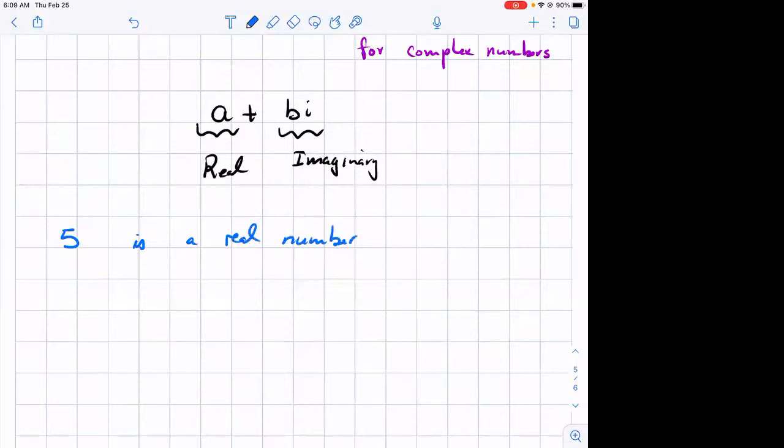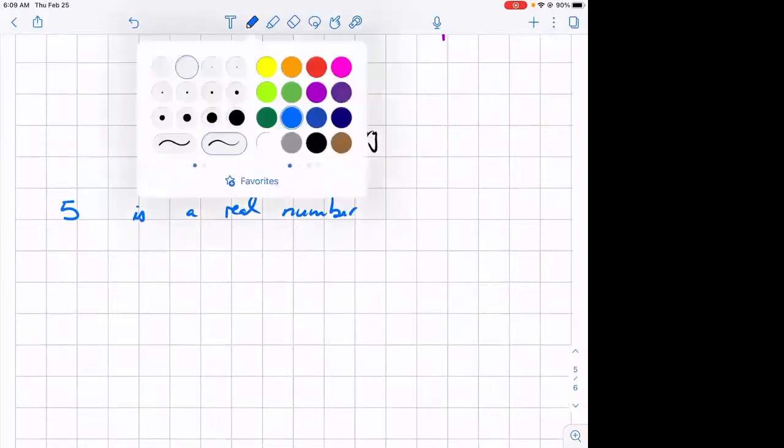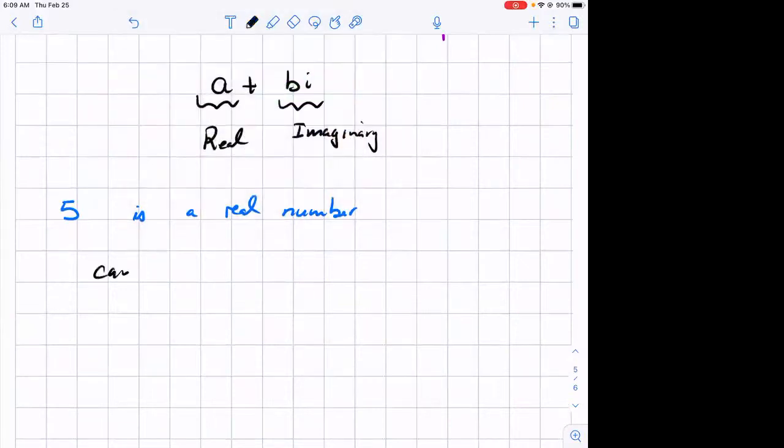But that real number is also a complex number because it can be written as 5 plus 0i.